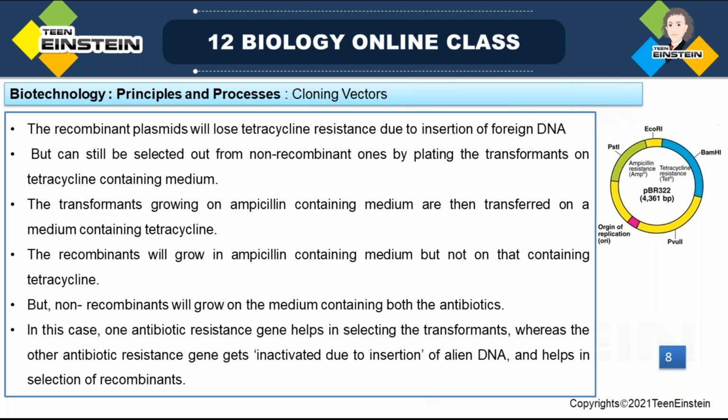Then also we can select the transformants or the recombinants through the plating method. So this is proof of the role of selectable markers, how they help to select the recombinants and non-recombinants.